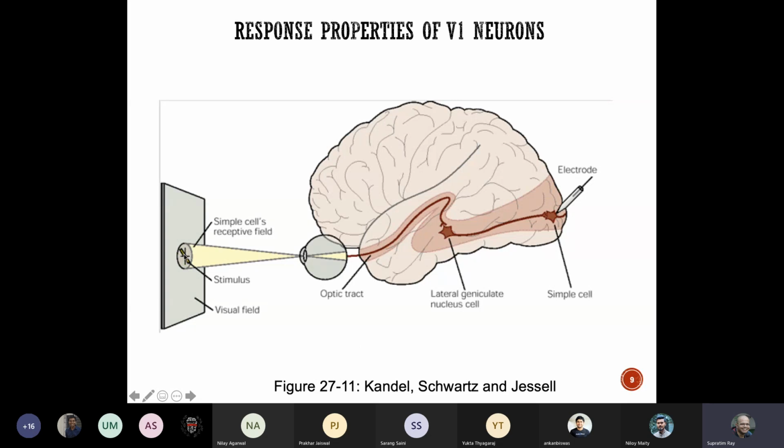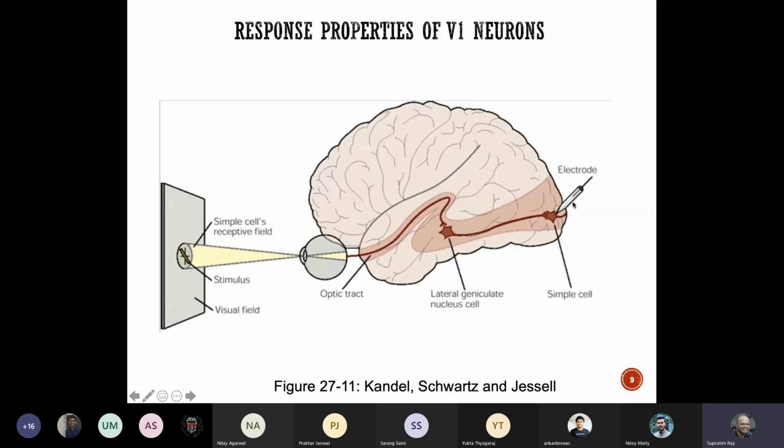When you present something on the screen, like a bar or a dot of light, that excites certain neurons in the retina. From there, it goes to a structure called the lateral geniculate nucleus, or LGN. And from there, it goes to the primary visual cortex, which is where our electrodes are.